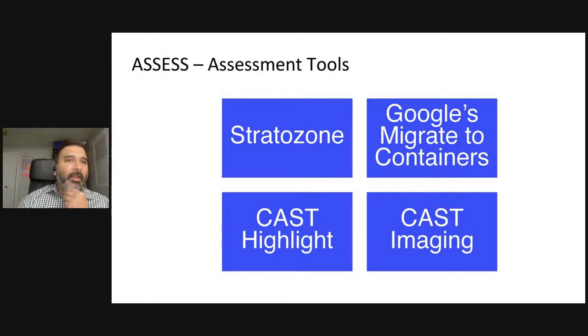And then the next two tools are sort of third-party products by Cast Software. The first software is called Cast Highlight. And what Cast Highlight does is it provides cloud readiness insights for assessing the workloads against hundreds of known cloud migration patterns. It provides you with effort estimates, blockers, container fit insights, and a dependency map, right?